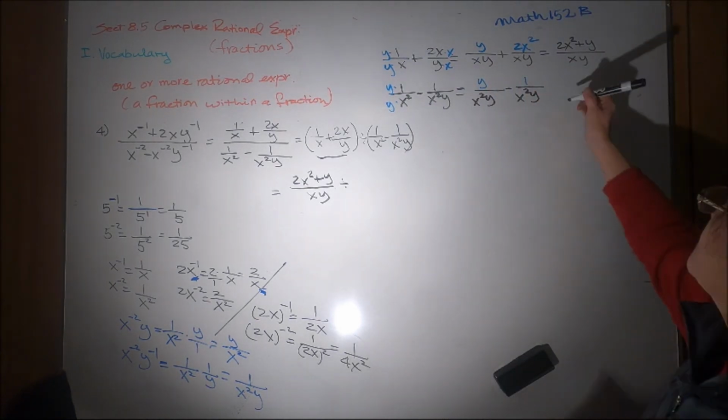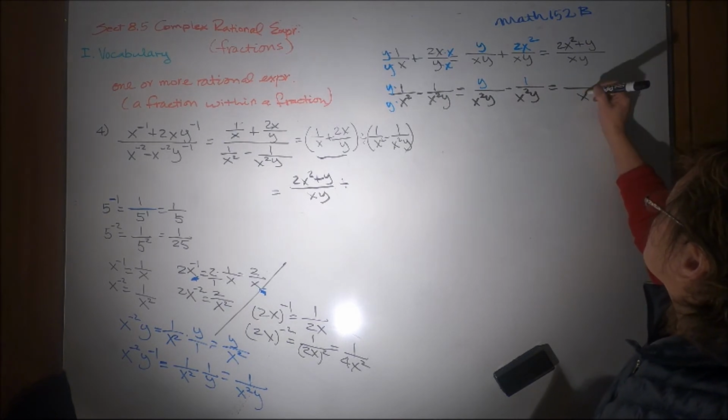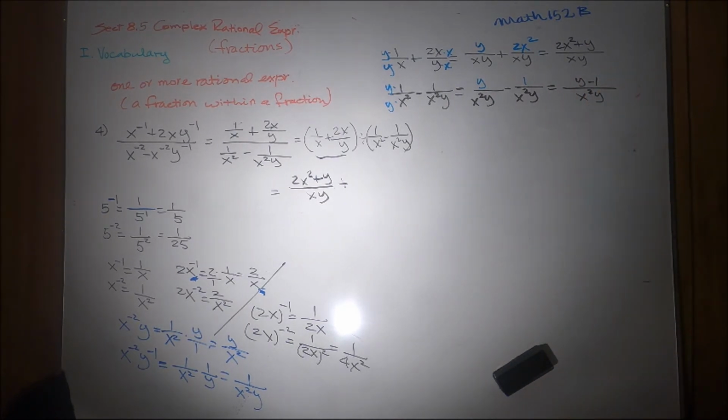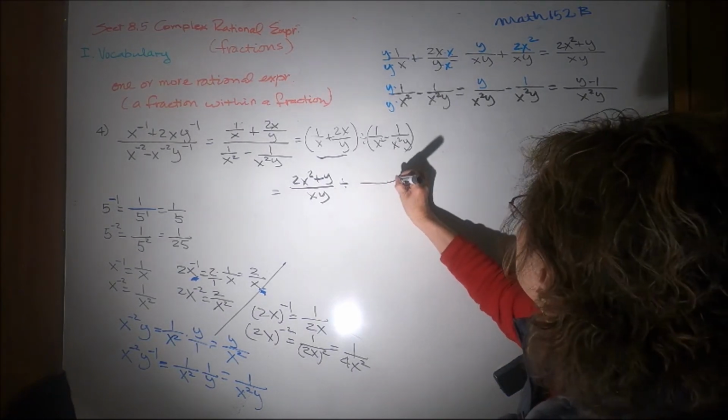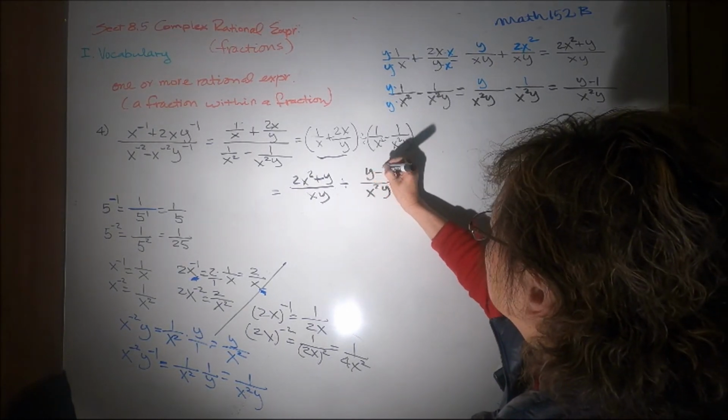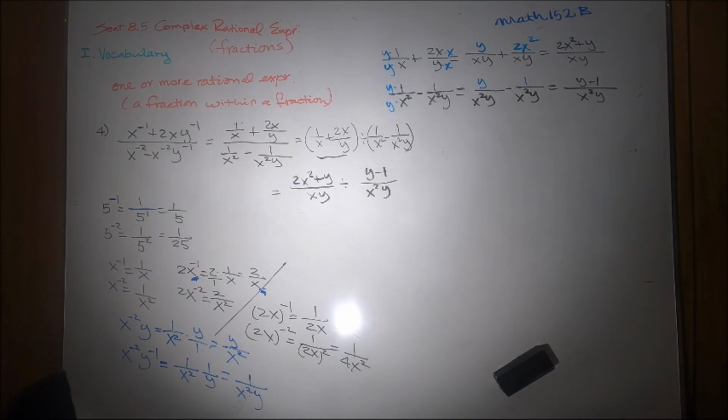Then we put them together. That will be x squared y, y minus 1. Is that right? So that would be x squared y, y minus 1. So both are a single fraction, right?